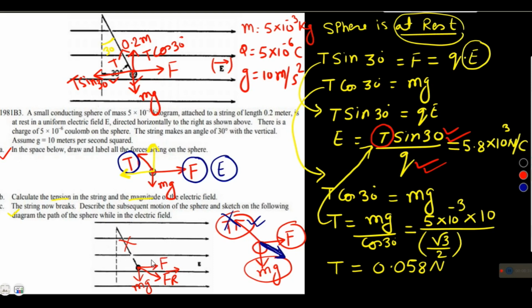So the bob will move along this radial direction, right? So the bob will move along this direction, at the angle of 30 degrees from the vertical. Okay friends, thanks for watching.